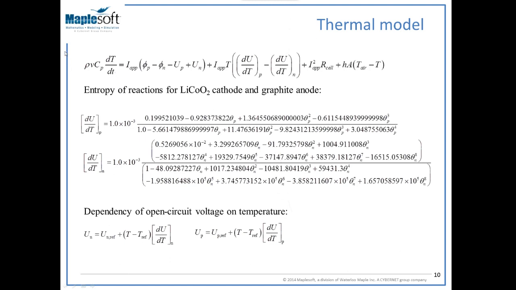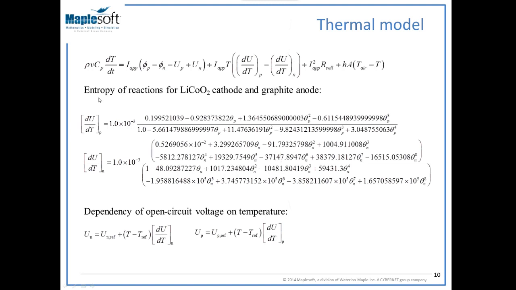The electrochemical battery model also has the equations that describe the thermal effects for the battery. For example, the differential equations that we see here describe the thermal balance between the reversible and irreversible thermal processes that are happening inside the battery.